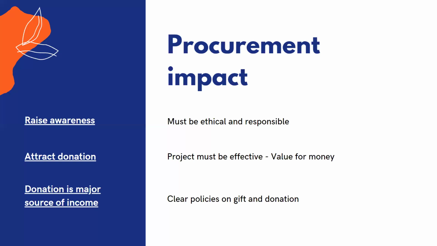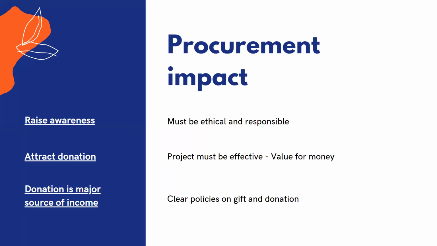So they need to have a very clear code of conduct and should not engage in unethical suppliers and ensure that the whole supply chain is clean and ethical, even though it means higher cost.